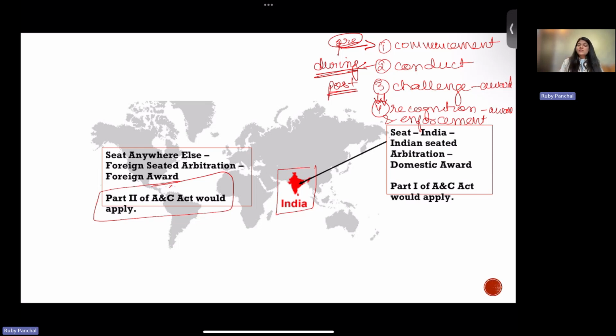Now, in this fourth point, your award creditor, the one who is owed money because they had the award in their favor, might go to a court of law and enforce that award, and would want to take out the sum that they're owed from the assets of the award debtor, right?